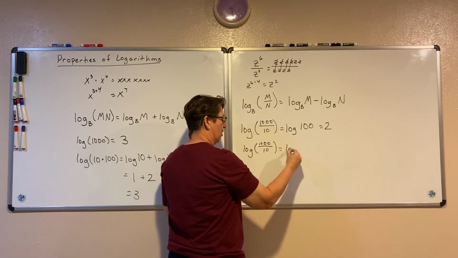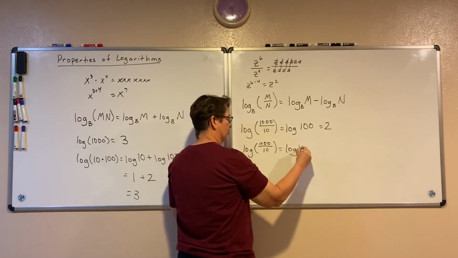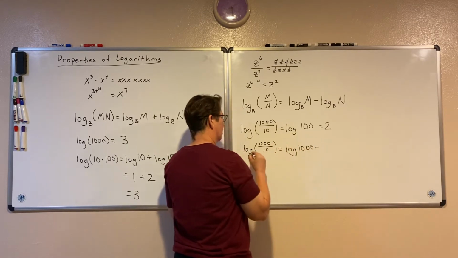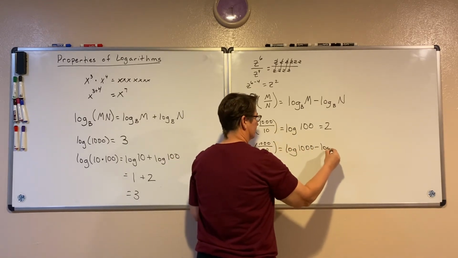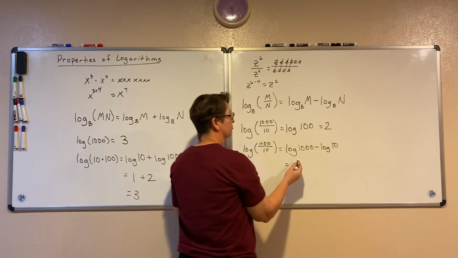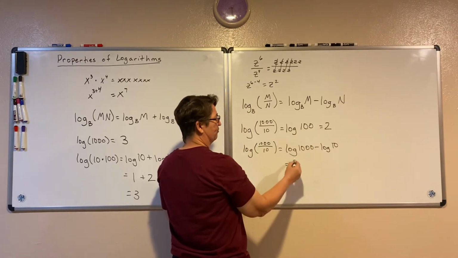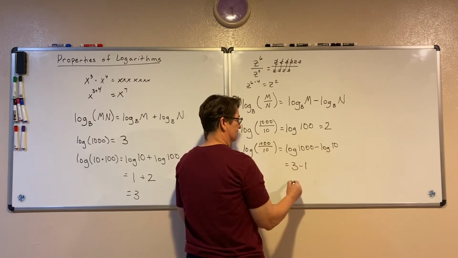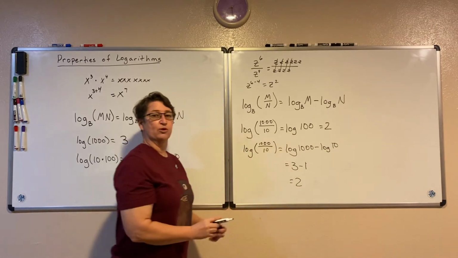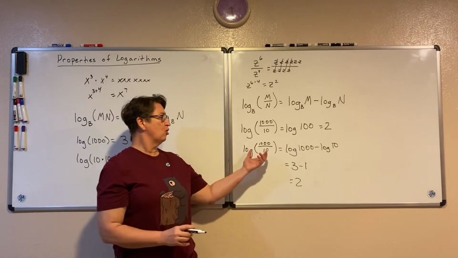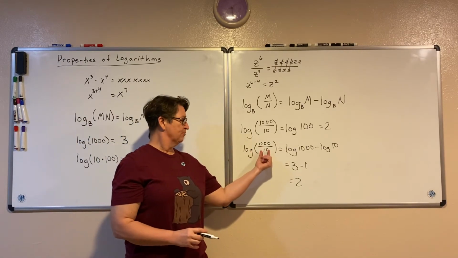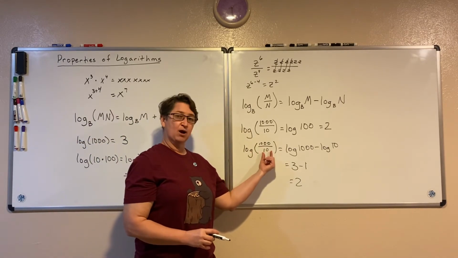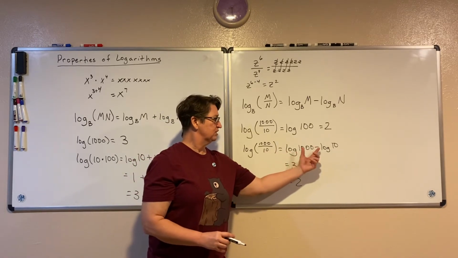Well, that's log of my numerator minus log of my denominator. So 10 to the third power gives me 1,000. 10 to the first power gives me 10. So I end up with 2 again. So that's the quotient rule, that when I have something dividing in my argument, it's equal to the difference of their logs.